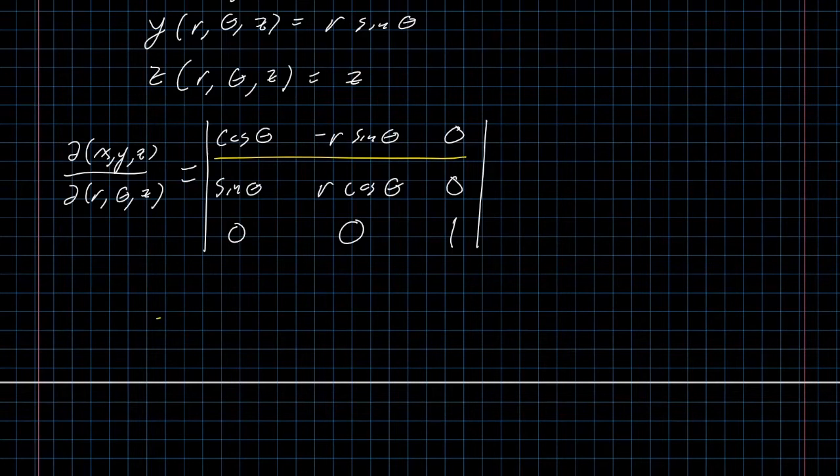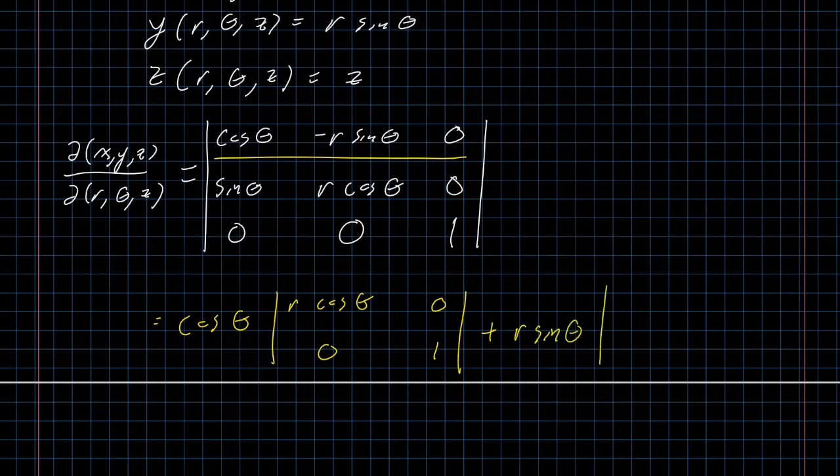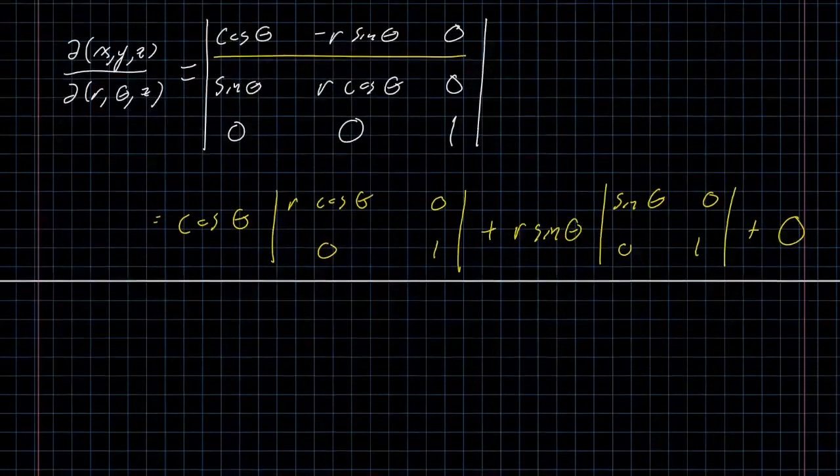So we're going to have cosine theta times the 2 by 2 matrix if we eliminate first row and column, which has r cosine theta, 0, 0, 1, minus, a minus is plus, r sine theta times the determinant of the 2 by 2 matrix if I eliminate that row and column, which is sine theta, 0, 0, 1, and then my third entry in the first row is 0, so it doesn't matter what the matrix is because I'm going to multiply it times 0 and I'm going to get 0.